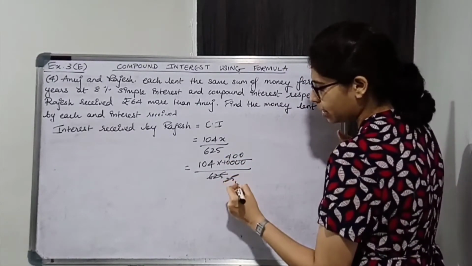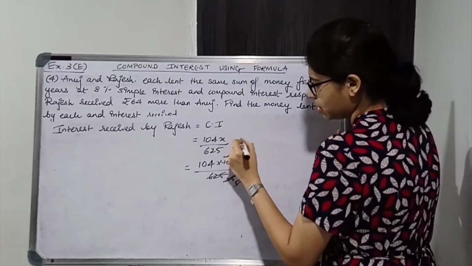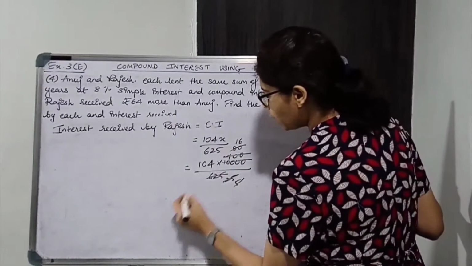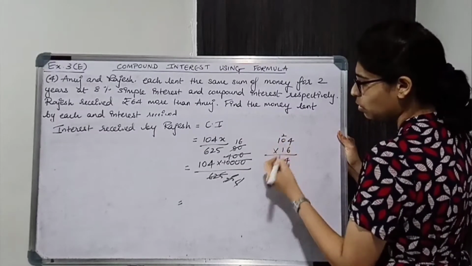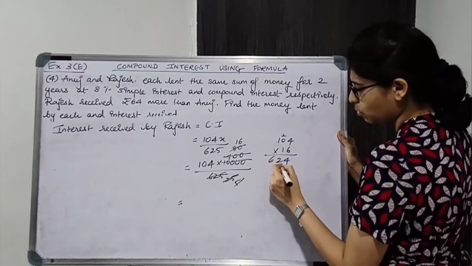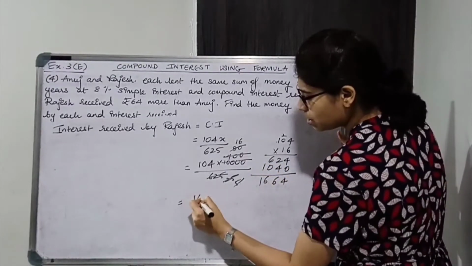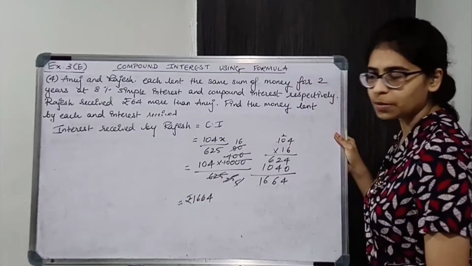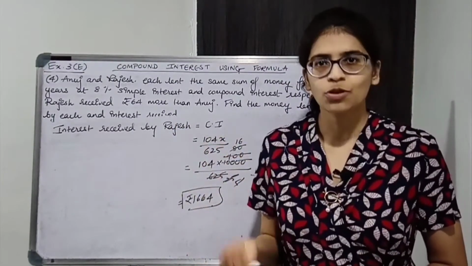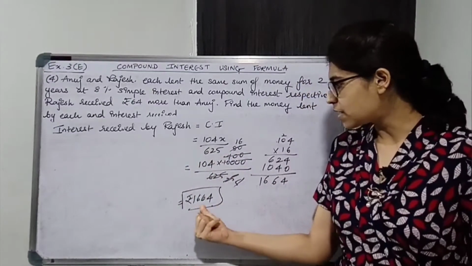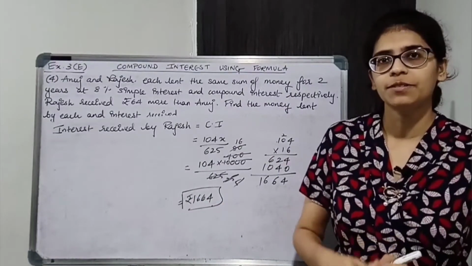So 104 into 16, multiply. 6 4s are 24, 6 1s are 6. So we get 1664. So the interest received by Rajesh is 1664. You can see the difference is 64 rupees. He got 1664, Anuj got 1600. So box the answer, write down the final statement.